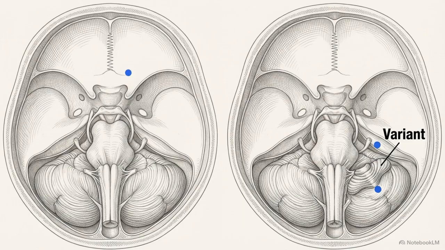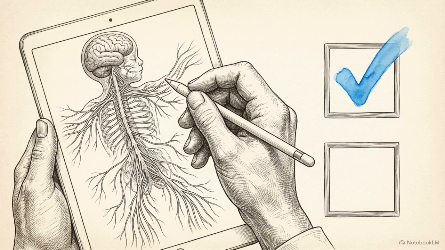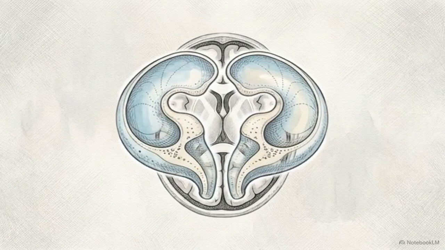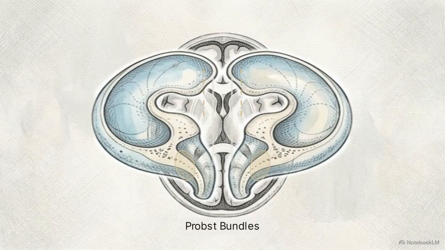If the vermis is hypoplastic and rotated, but this torcular inversion is absent, the diagnosis is downgraded to a Dandy-Walker variant. Confirming a failure to form requires checking 2 separate anatomical boxes, identifying the missing primary structure and correlating it with the specific spatial displacement of surrounding tissues.